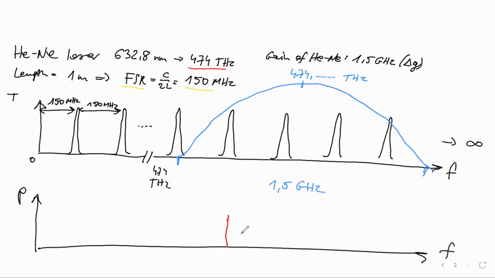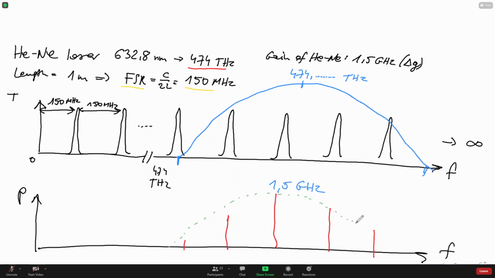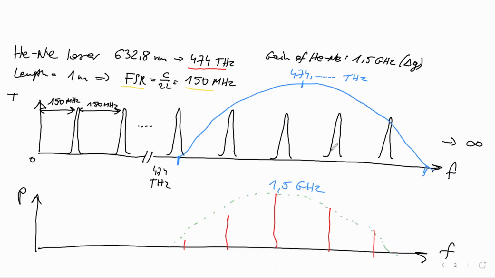I would have this mode, this mode, this mode, and this mode, and maybe a little part of this mode here. And this will be under this envelope of the gain bandwidth, right? You will see it also in the exercise. Maybe some of you already had the exercise with the helium neon laser in the laboratory, so you can measure the shape of this gain curve.